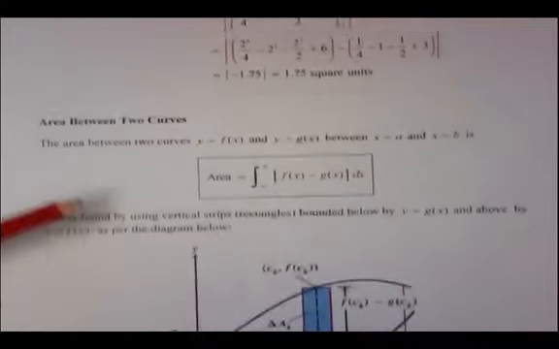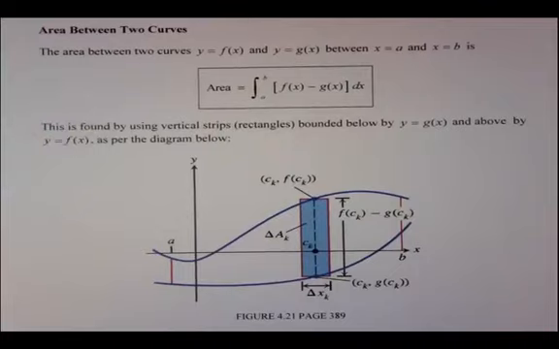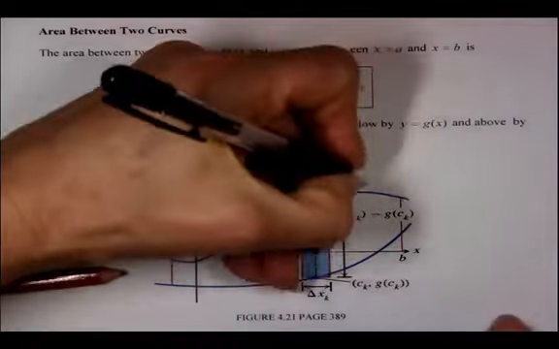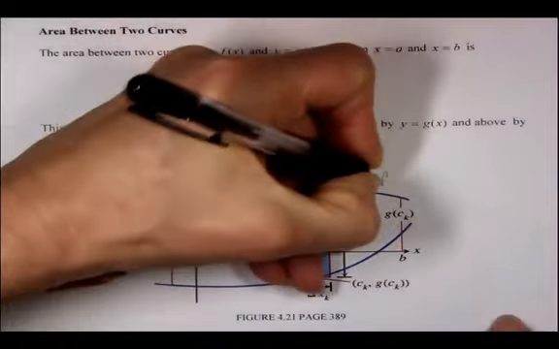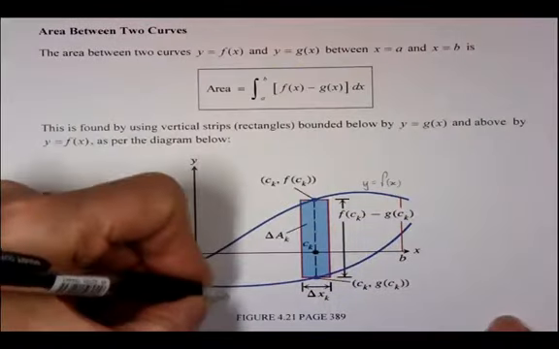We can find the area between two curves instead of between a curve and the x-axis. There's a couple of ways of thinking about it, but let's look at this picture here. We have two curves, y equals f(x), that's the top one, and the bottom one, y equals g(x).